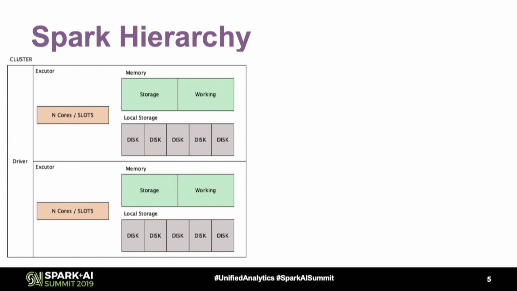Each server also has memory, but not all of it is given to Spark. By default, about 90% of the server's memory is given to Spark. But that server memory is further broken down inside of Spark across storage memory and working memory. Storage memory is where we cache and persist things. Working memory is what we actually use to do our work in Spark, our in-memory computations.